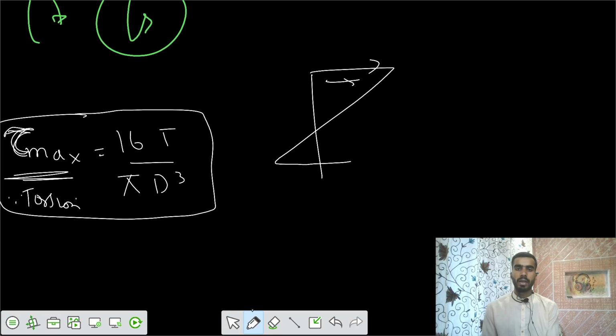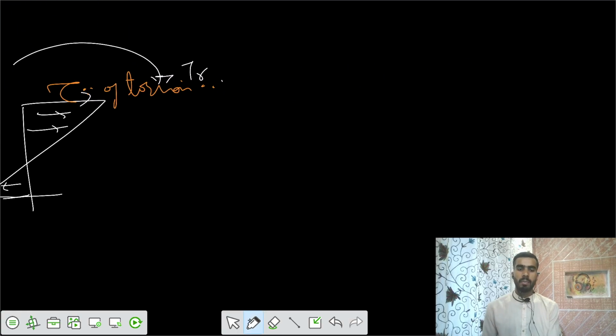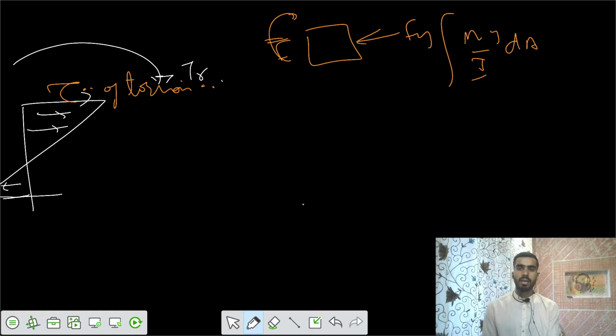Let's say this is the variation based on the direction that this is resisting torque. So if we compare the shear stresses because of torsion, tau because of torsion, with the tau because of the unbalanced bending forces Fxx and Fyy, because of My by I dA integral, we got some value of F, that was tau t dx.